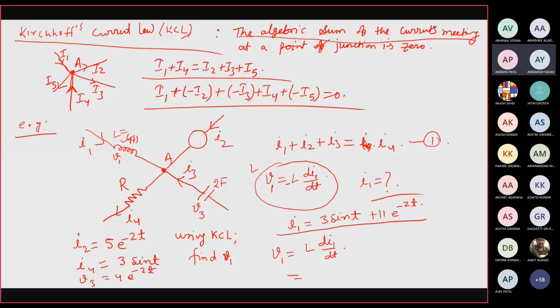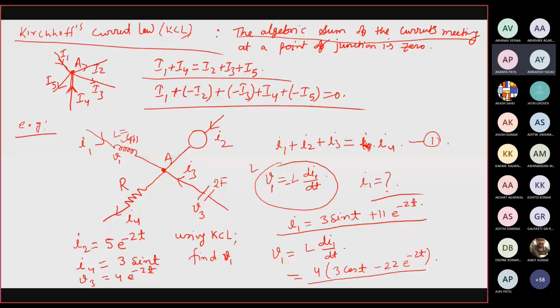So simply it will be 4 times 3 cos t minus 22 e to the power minus 2t, right? So this will be the magnitude of voltage across the inductor of inductance 4 Henry. Did everyone understand this?